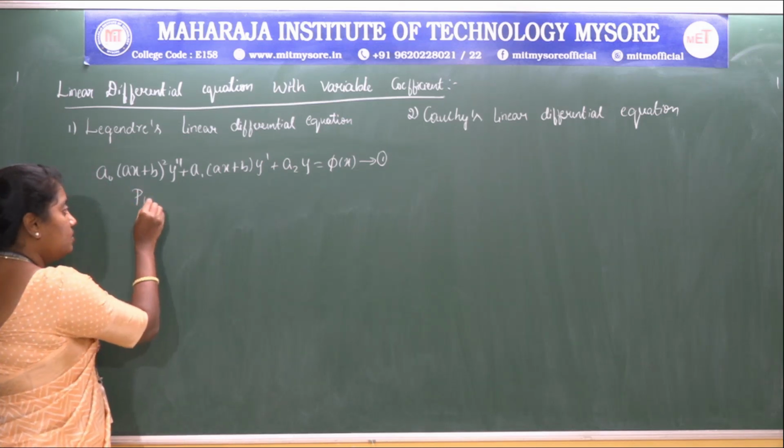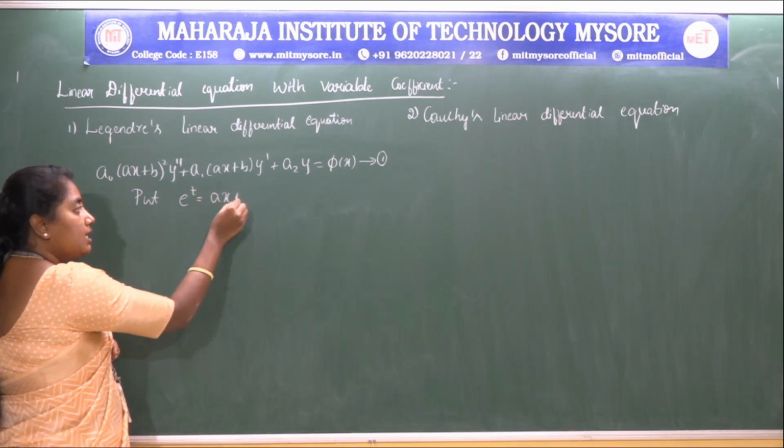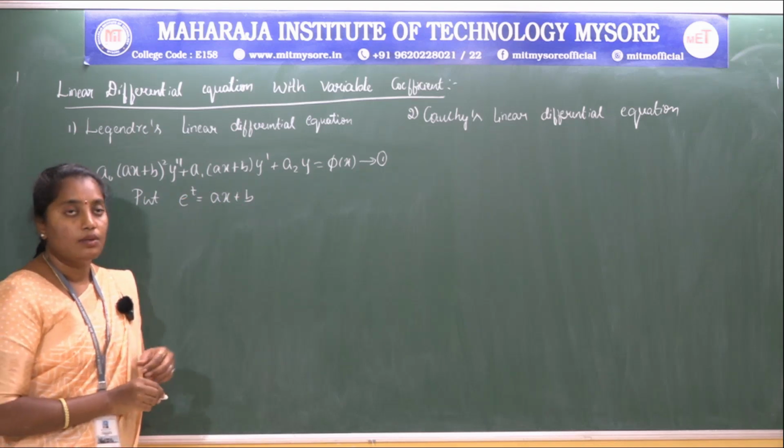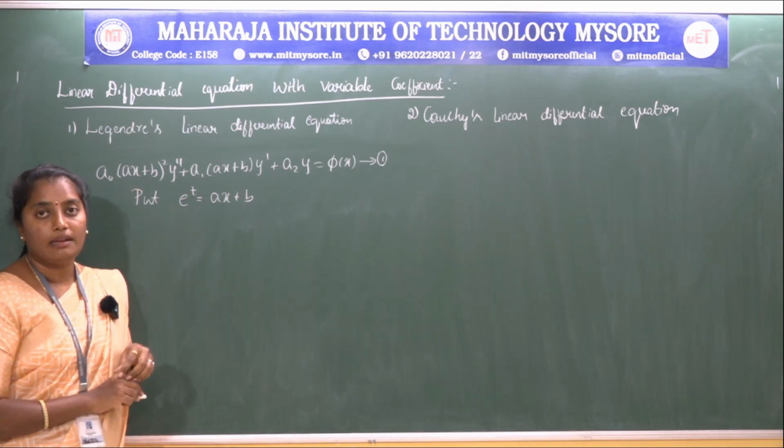Let us substitute e power t is equal to ax plus b. So we replace the variable coefficient with a parameter, which we take as t.